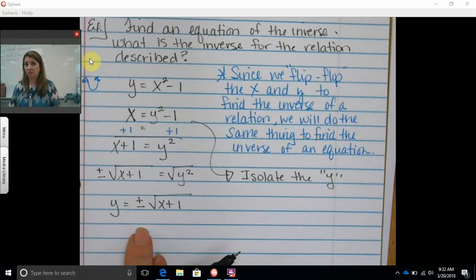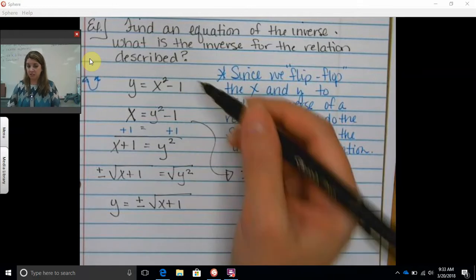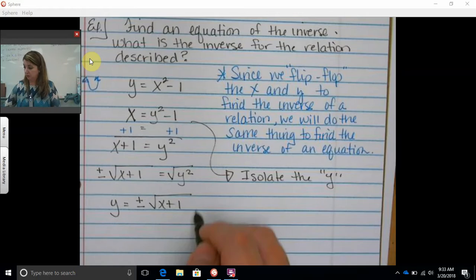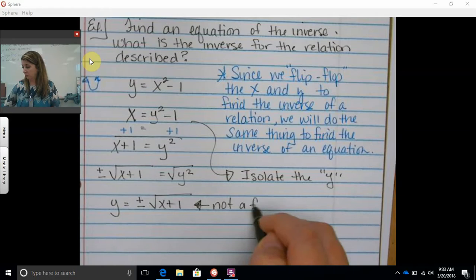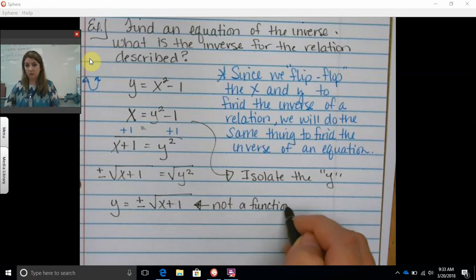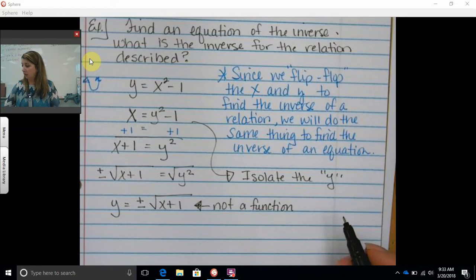Is that going to be a function? It has a repeating domain. So we know that we started with a function, but the inverse is not going to be a function, because of the way I just described. Do you want me to put in a little example as to why it's not?